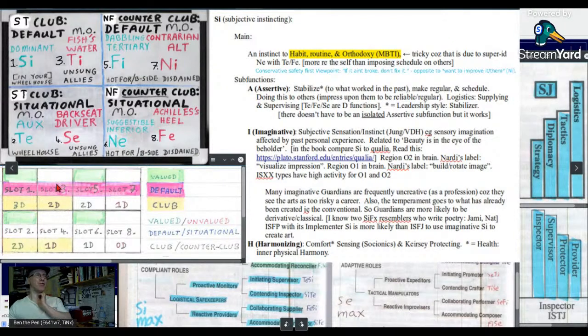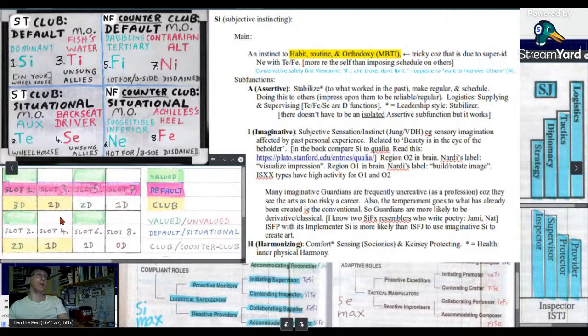But if someone's really, really introverted, they might be ahead of that. And then also, what does it say here? So valued is ahead of default. And club is ahead of valued, like slot 4 before slot 5, even though slot 5 ticks 2 boxes, that's just 1 for slot 4.